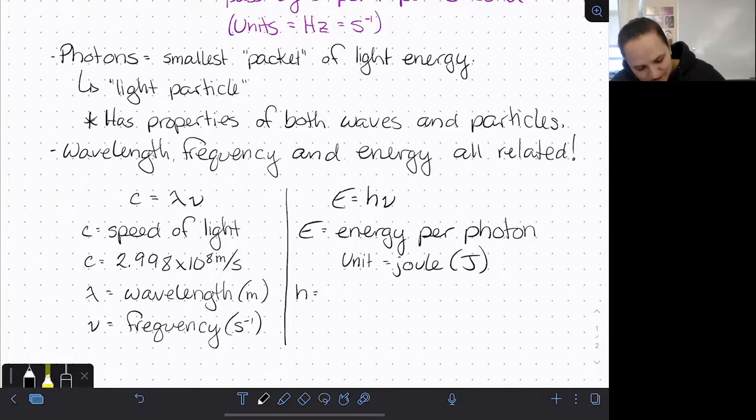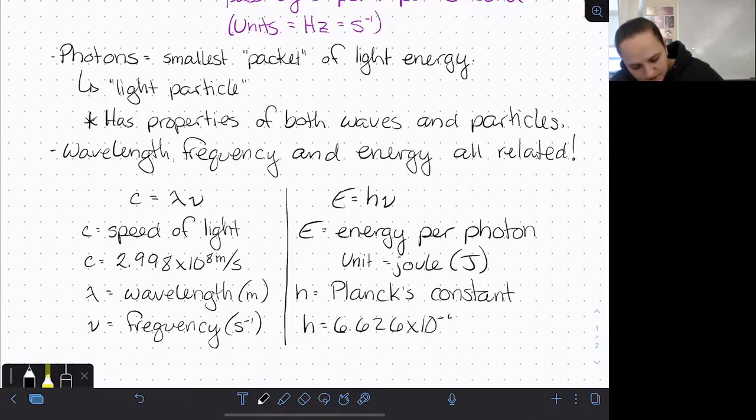h is a constant known as Planck's constant, which has a value of 6.626 times 10 to the negative 34, and that has a unit of joule seconds. Nu is once again our frequency.